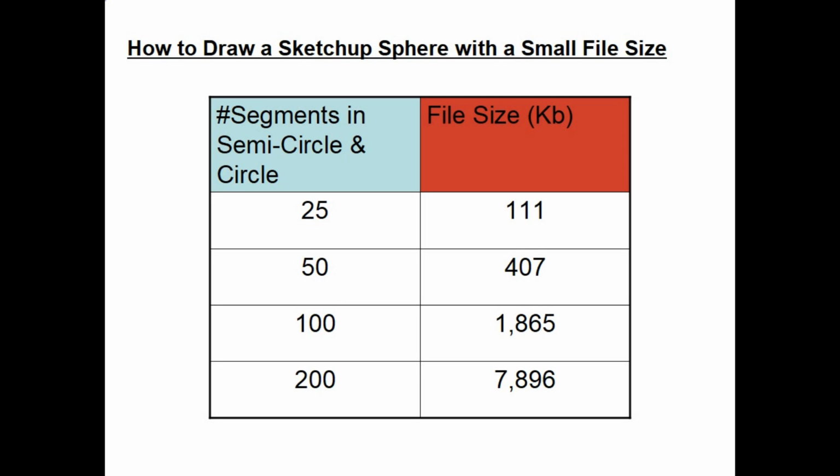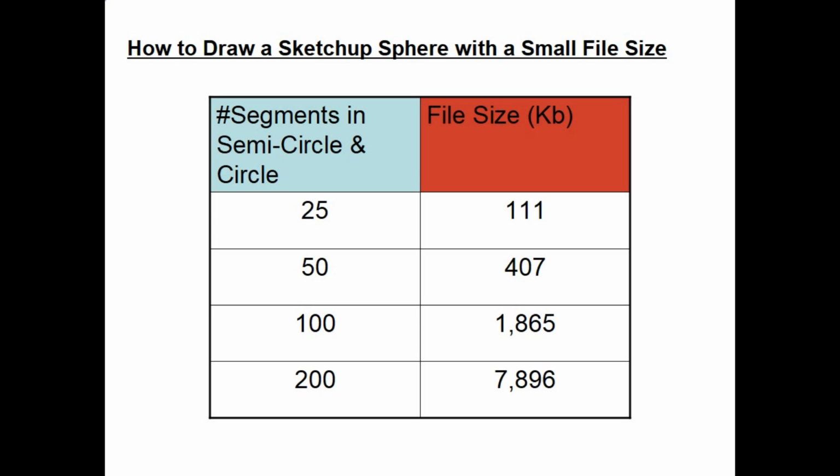I ran an experiment in SketchUp where I varied the number of segments in that semicircle and circle that we talked about. I started down at 25, which seems to work for the couple-inch spheres that I work with. If you only have 25 segments, your file size is only 111 kilobytes, relatively small.